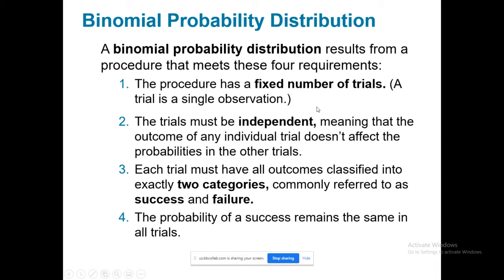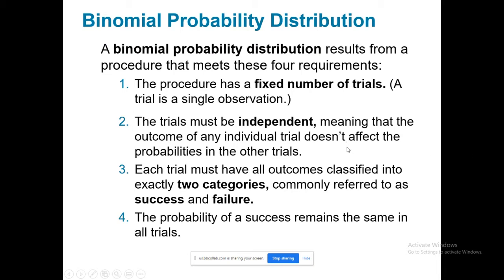So if your trial consists of selecting 5 patients, or choosing 2 colors, that sort of thing, there's a fixed number of trials. The second condition is that the trials must be independent.